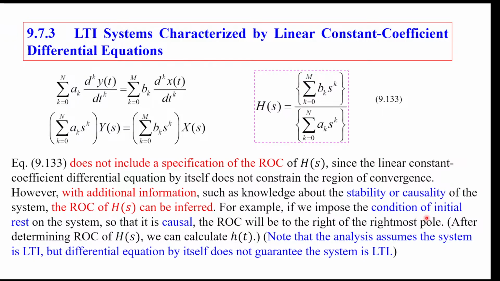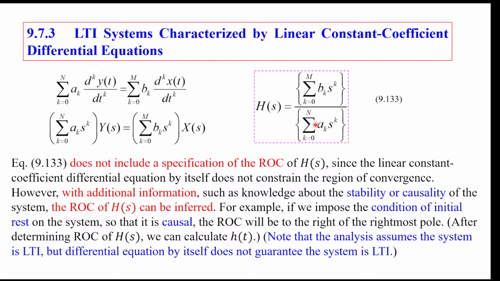Okay, and for example, if we want a more natural auxiliary condition, then maybe one of the auxiliary conditions we see a lot is the condition of initial rest, and we proved in chapter 1 that if we have a condition of initial rest, then the system will be LTI and causal.